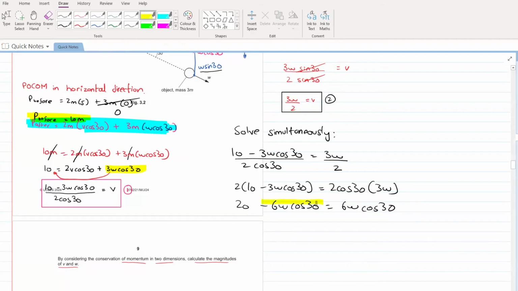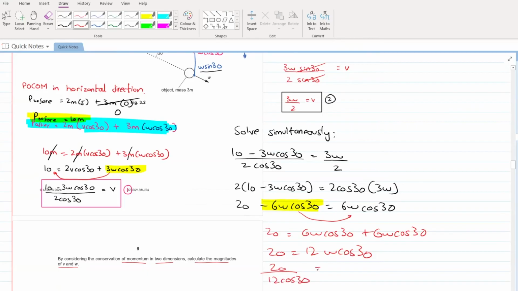Let's bring this negative 6w cosine 30 to the left hand side. 20 is equal to 6w cosine 30 plus 6w cosine 30, so 20 is equal to 12w cosine 30. 20 divided by 12 cosine 30 is equal to w.